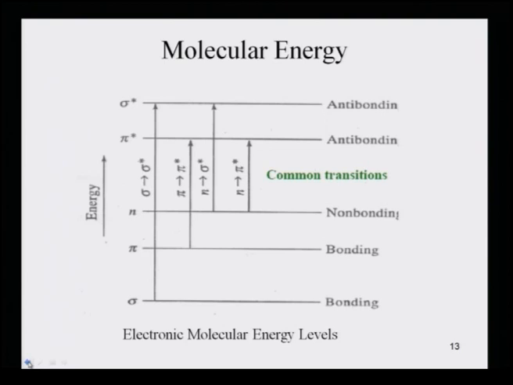So, depending on what kind of UV light is shone on the molecule, the most facile excitation would be pi to pi star, whereas the next facile exchange would be n to pi star.